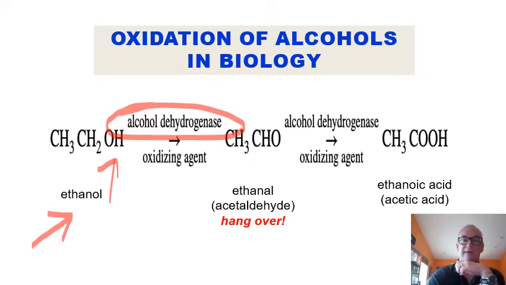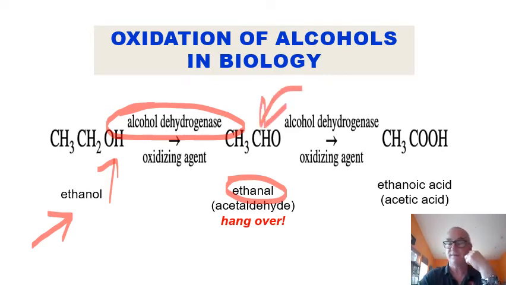And the aldehyde it forms is ethanal, also known as acetaldehyde. And that is what gives you the really bad hangover, because this is a very reactive molecule and undergoes a whole lot of reactions that your body does not appreciate. And so, yeah, aldehydes are very reactive molecules because they have that hydrogen that's right there ready to leave.